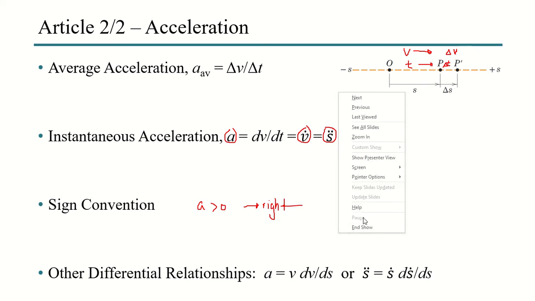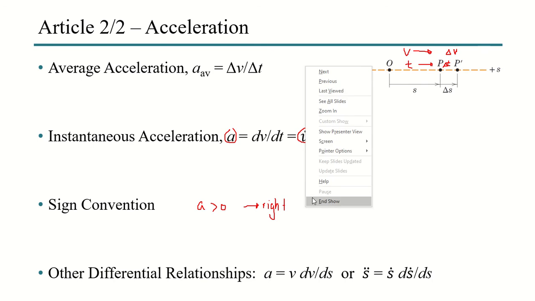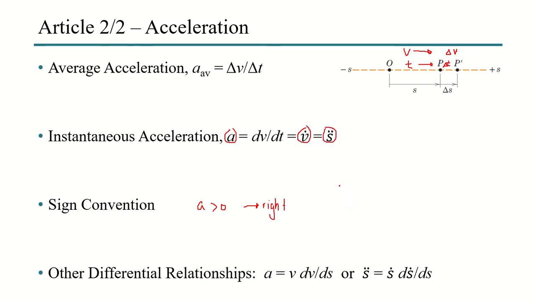The arrow above means the velocity is increasing.